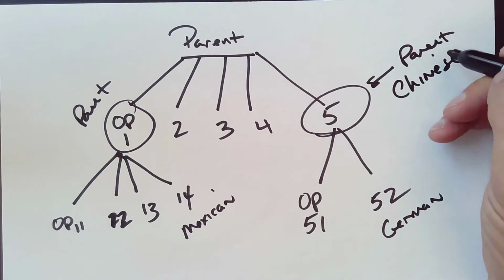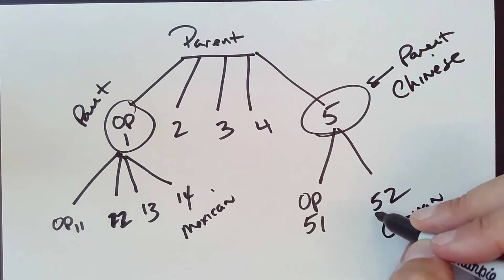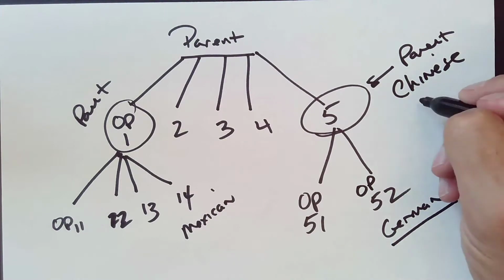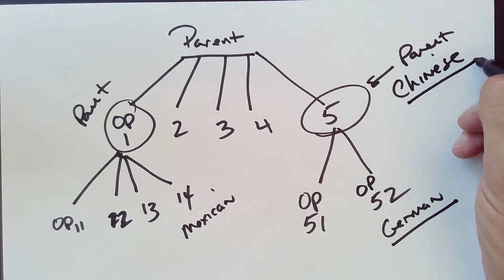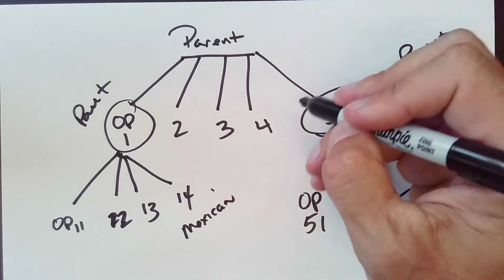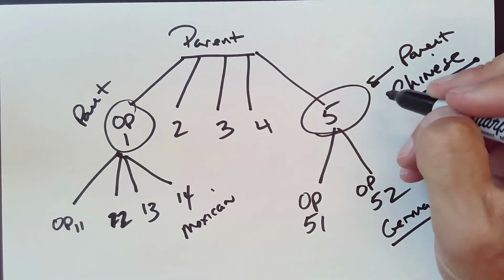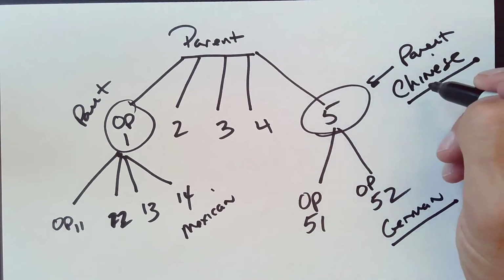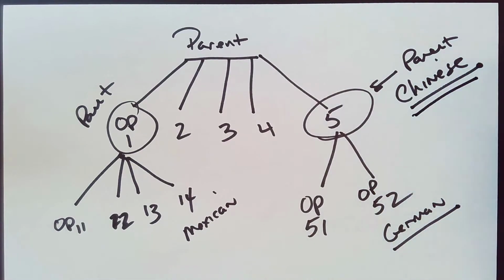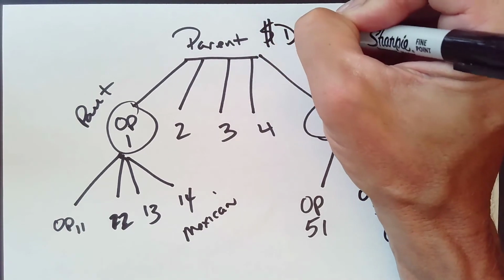Then we have to take a look at, well, what's the functional currency for Operation 5-2? Is it the German currency or is it the Chinese currency? And then we've also got to look at this operation here, Operation 5, and figure out is the functional currency of this operation, is it the Chinese yuan or is it the US dollar?